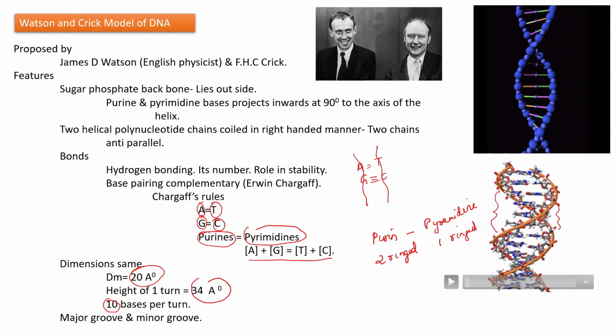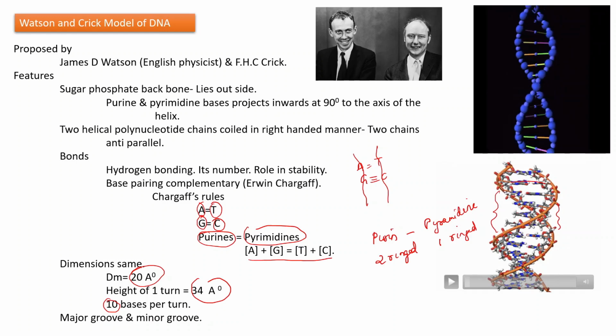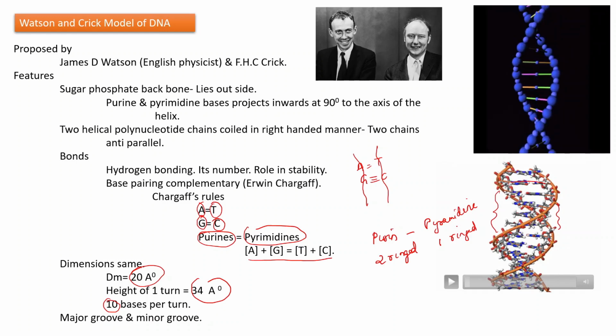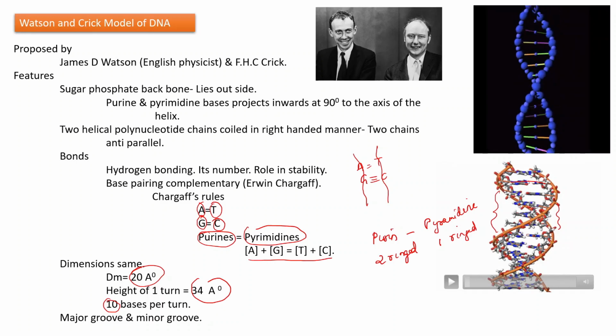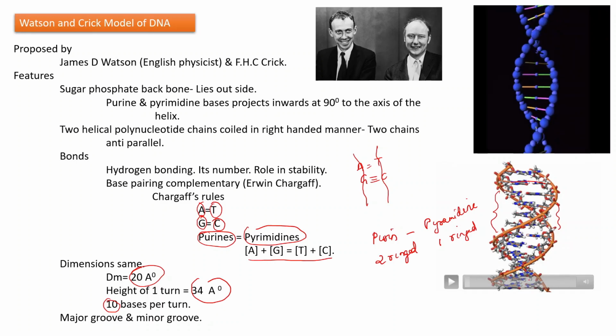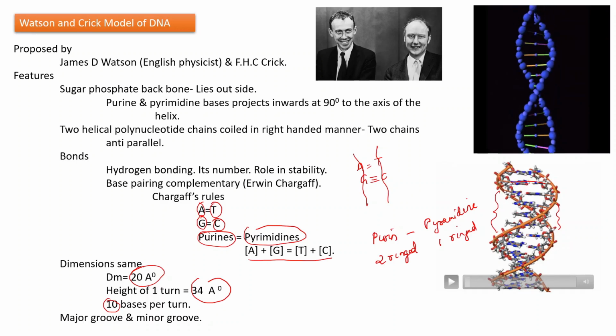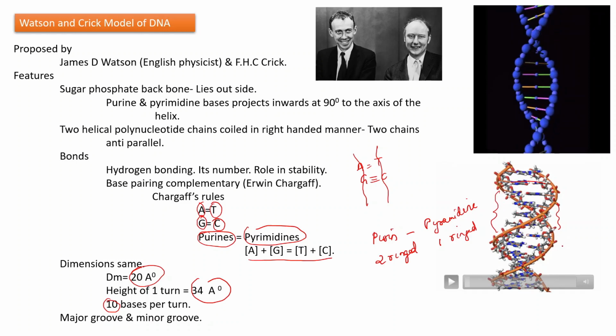Because of the tilt. A tilt happens to the base pairs with respect to the sugar phosphate backbone or the central axis. Because of that tilt, there are a major groove and a minor groove.